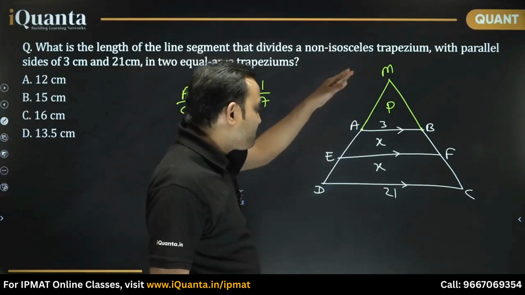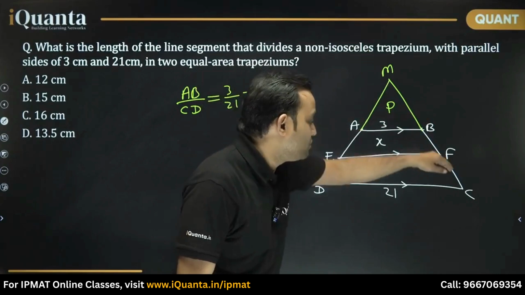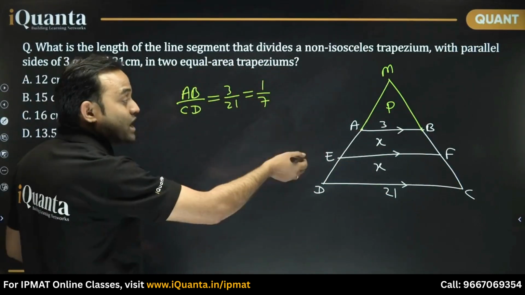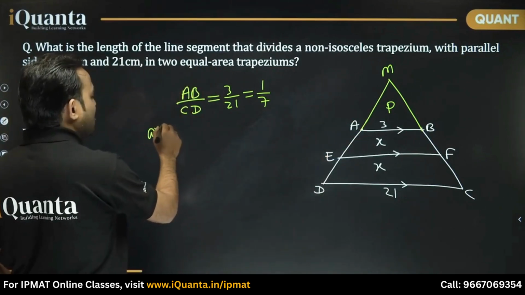So if the area of triangle AMB is P, then the area of whole triangle DMC will be 7 squared into P, which is 49P.